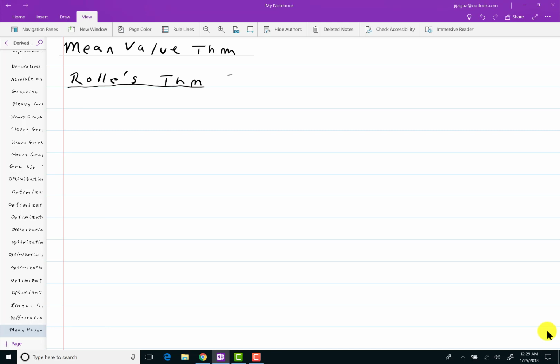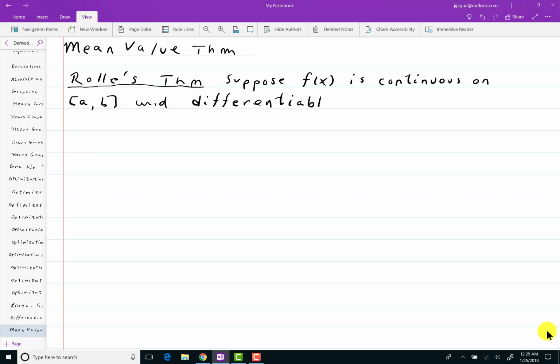Now suppose f of x is continuous on the closed interval AB and differentiable on the open interval AB.